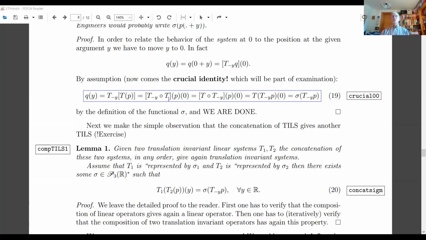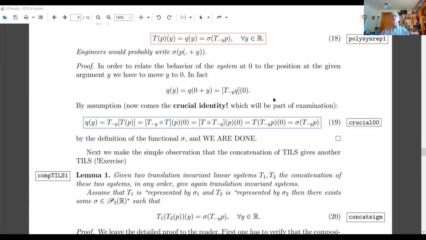But we have assumed that T commutes with shift, any shift, so any concrete Y is okay. So we can do this here, which of course means now resolving brackets in the opposite direction. First I have to take the input signal, position Y, then the output signal, and what's coming out, which has not changed, is always to be taken at 0. But this is exactly the definition of our functional.